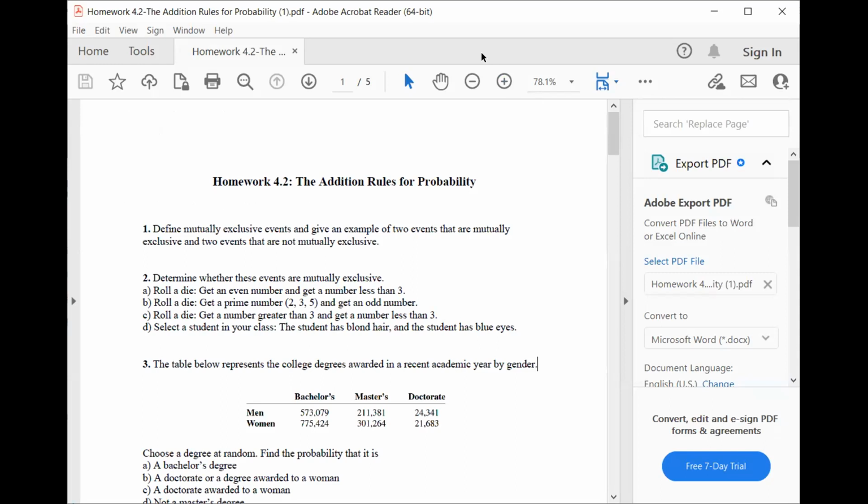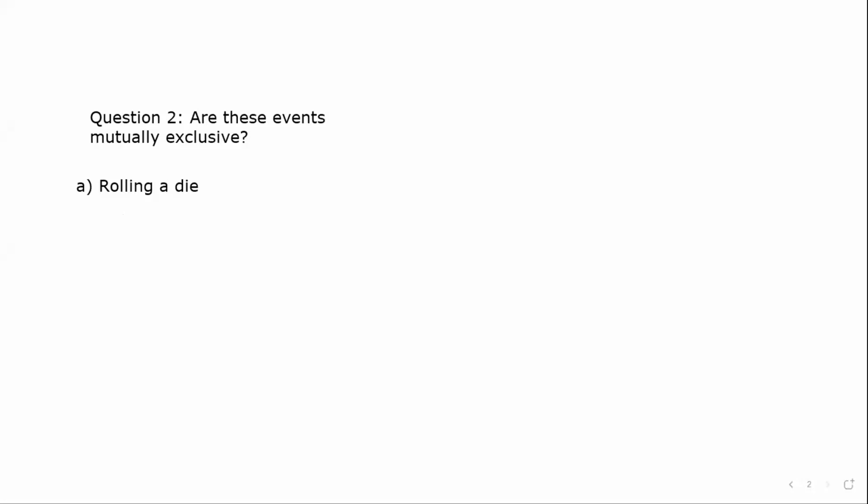So the first event is getting an even number, and the second event is getting a number less than 3. If you're not sure about this, you can list the outcomes that would fall into each one.